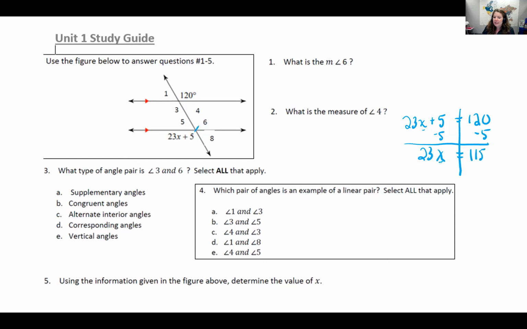To solve for x, we do the opposite of times 23, which is divided by 23. 23 divided by 23 is 1, and 1 times x is x, and 115 divided by 23 is 5. So the value of x is 5.